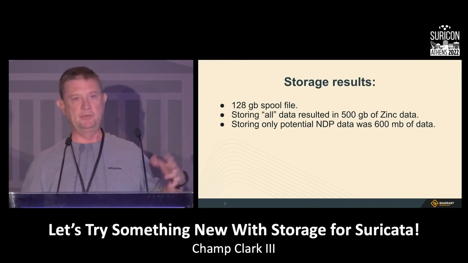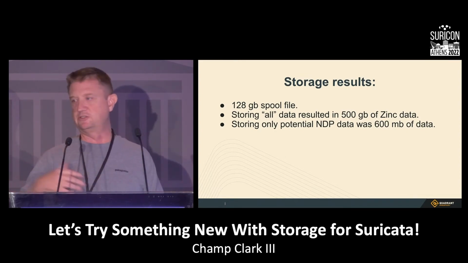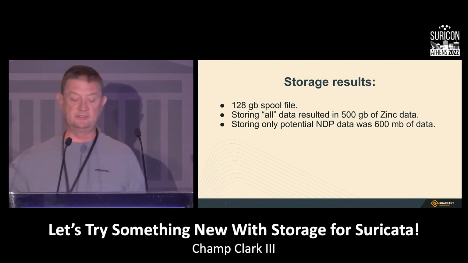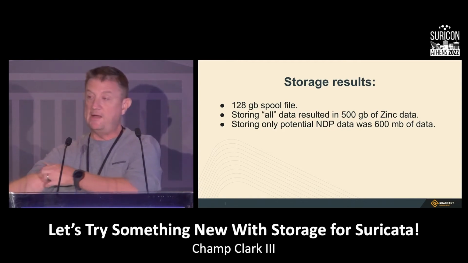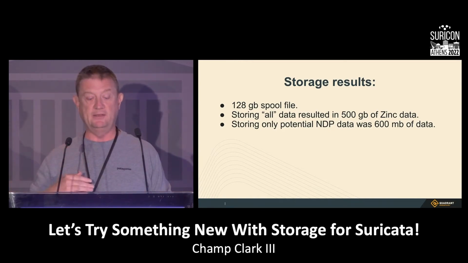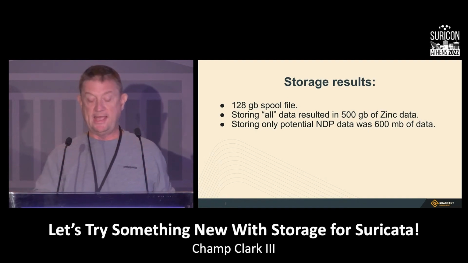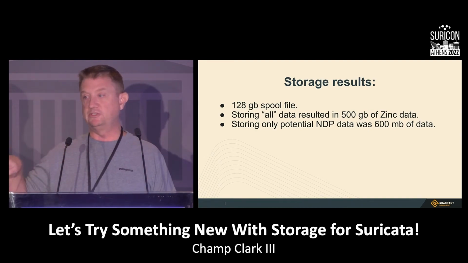You push the 128 gig into Zinc, just like you would, that's everything, and you would usually get about a 500 gig data store for just Zinc data. But now, if I was just taking the non-repetitive data, the data that I just want to care about in those really quick searches, and store it, it dropped that Zinc storage down to 600 meg.